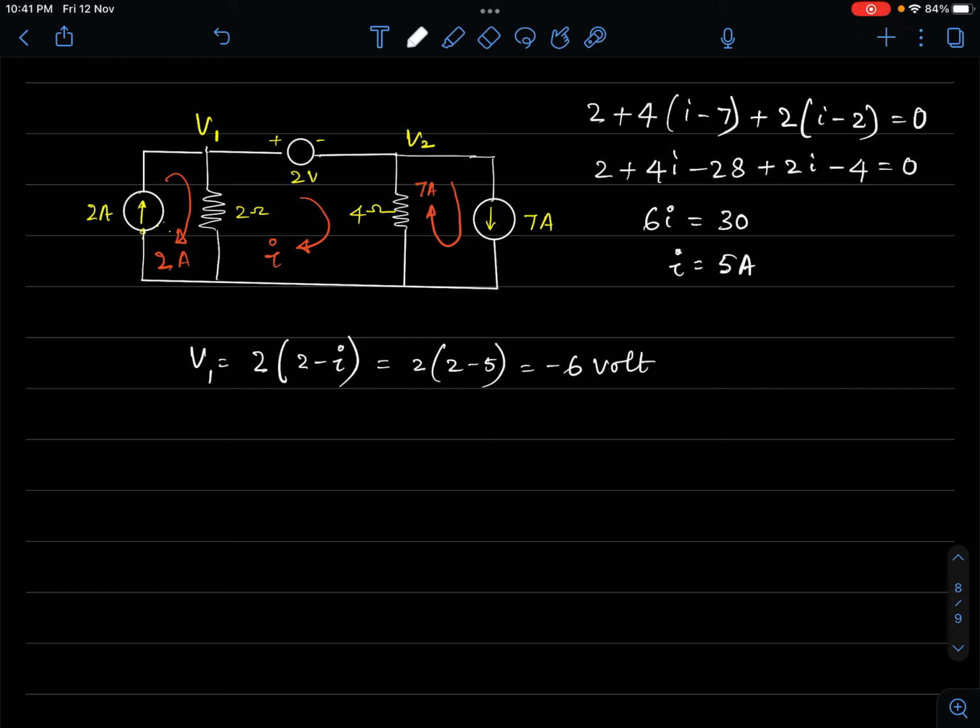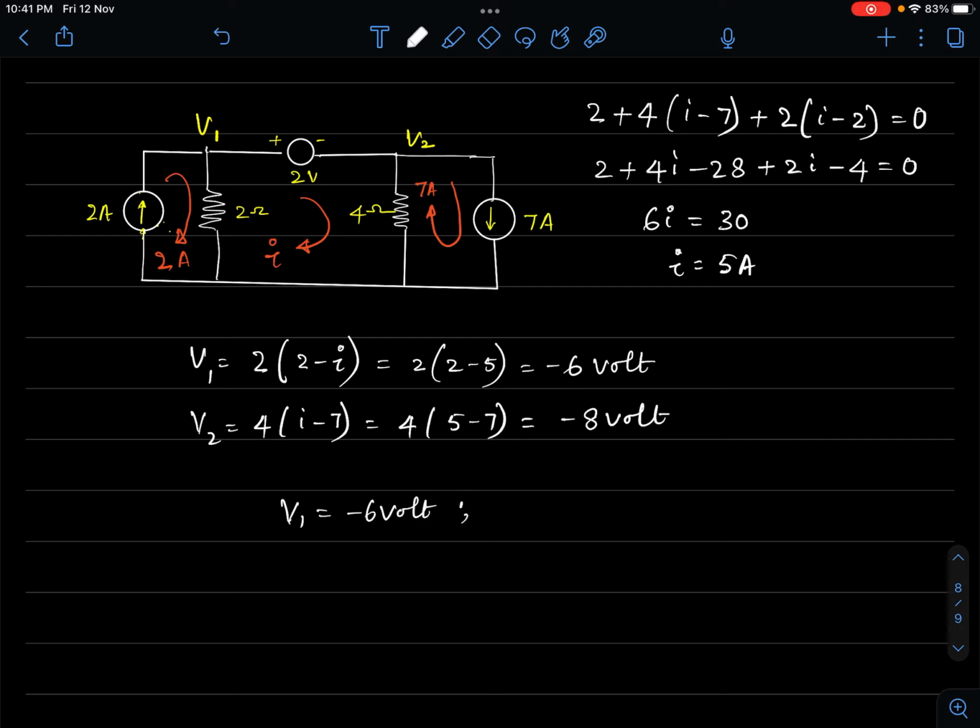Did we get the same thing? V1 is minus 6 volts. Similarly, what is V2? V2 again is 4 into the current in the downward direction, that is I minus 7. This is 4 into 5 minus 7, which is minus 8 volt.